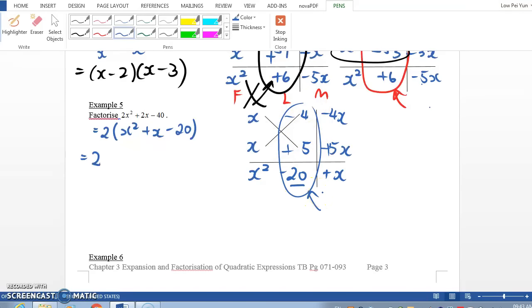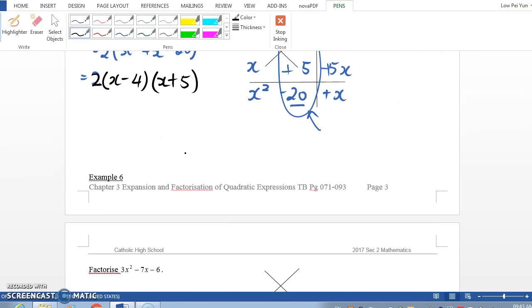Yes, I do. So I'm done. So the answer is going to be 2 times x minus 5, or x plus 5. Hey, I hope you are enjoying doing factorization using cross method.